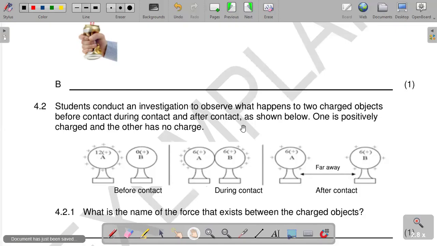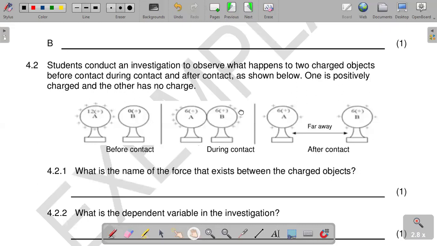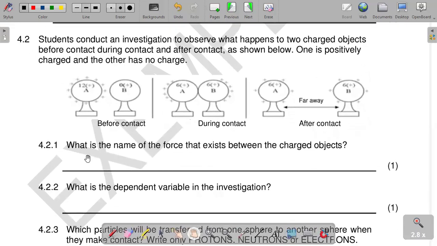Now, 4.2.1, they say, what is the name of the force that exists between the charged objects?